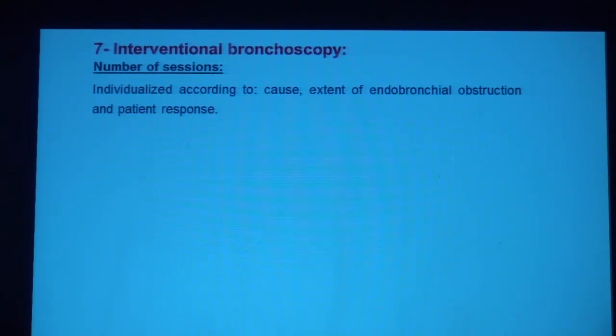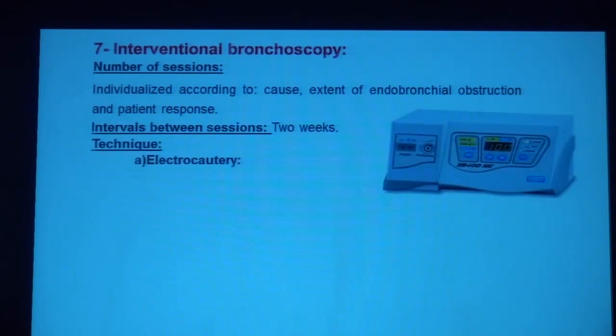The number of sessions was according to the cause of obstruction, the extent of endobronchial obstruction, and the patient response. The interval between each session was 2 weeks to allow the dead tissue to be friable and extracted later on with cryo.